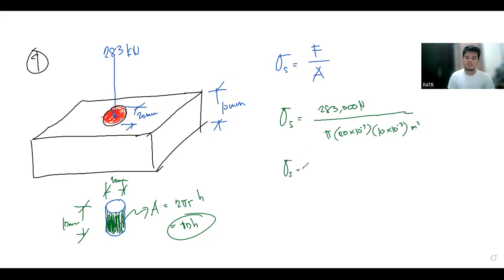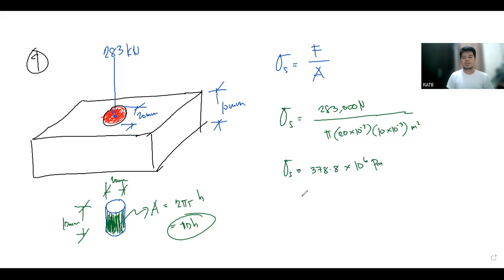So the shearing strength would be equal to pi times the diameter and the height. So the answer would be 378.8 times 10 to the power of 6, with unit in Pascal.